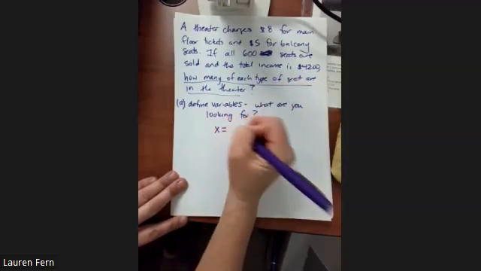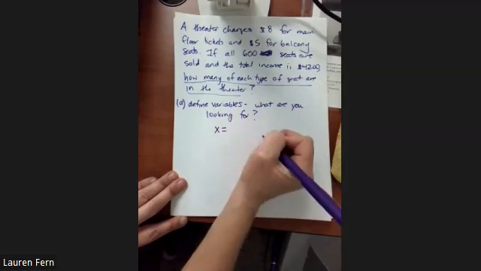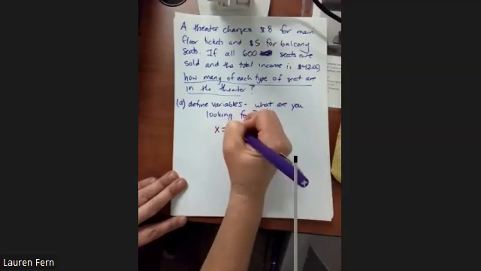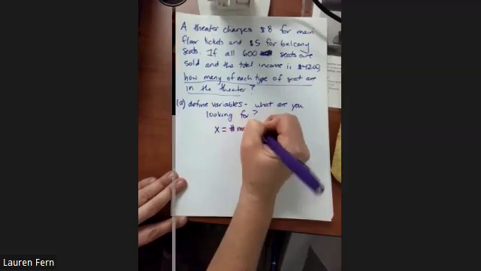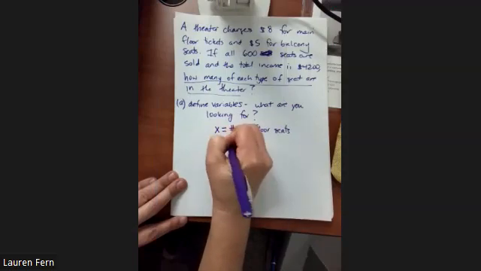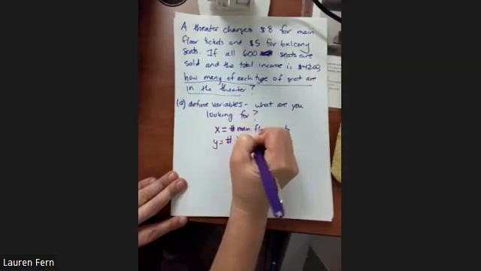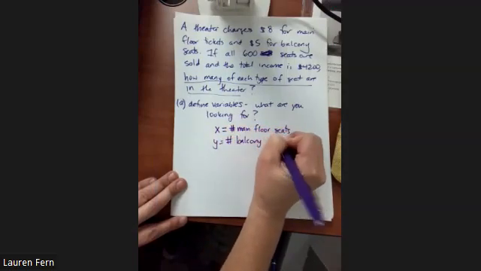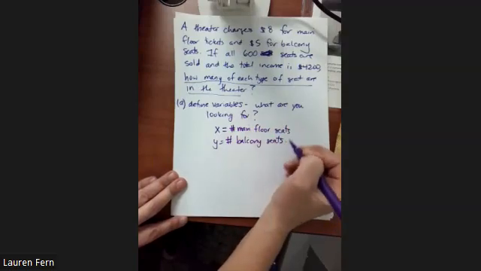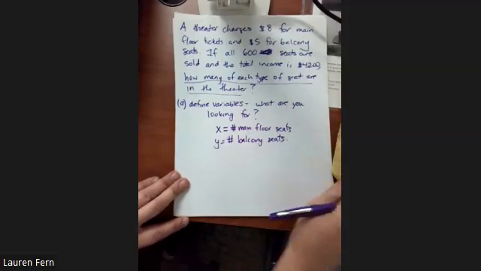Because I'm not original, I just use X and Y. You can use any letters you want. I'm going to let X represent the number of main floor seats, and I'm going to let Y represent the number of balcony seats. Do you all agree that this is what we were looking for? We want to know how many of each type of seat there are.